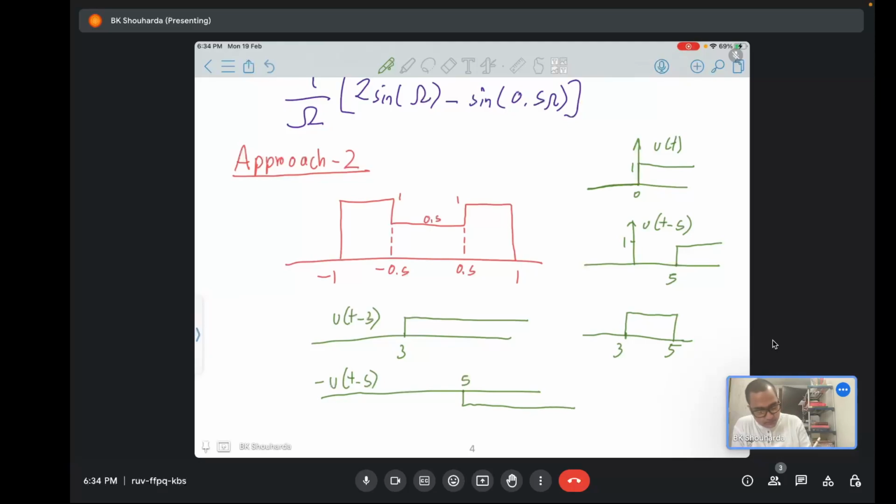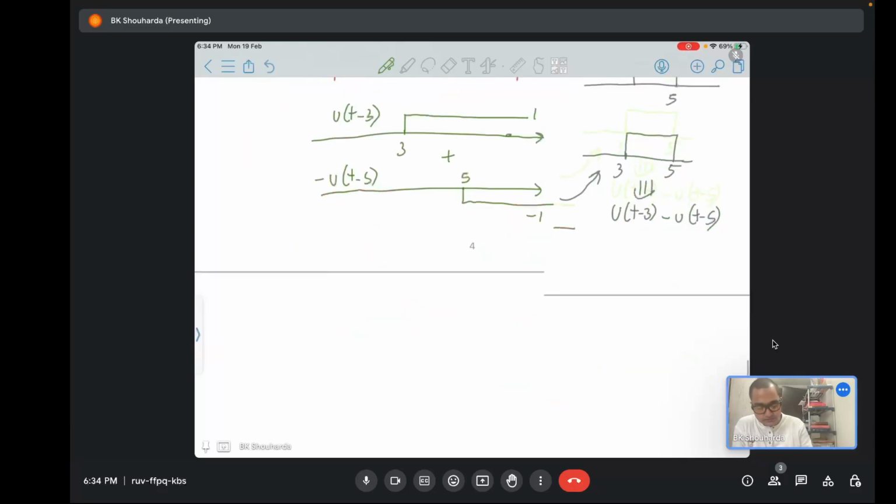So this is 1, this is minus 1. I add the two and see, from 3 to 5 the addition gives me a 1, and anything outside that gives me a 0. So this is actually u of t minus 3 minus u of t minus 5. This is a very useful way of representing signals.